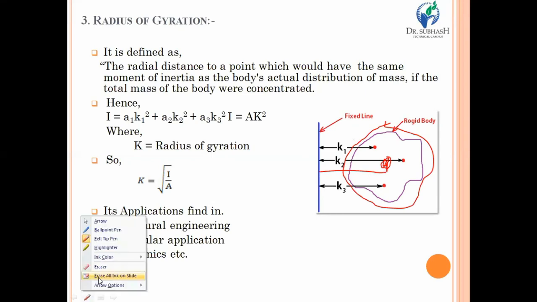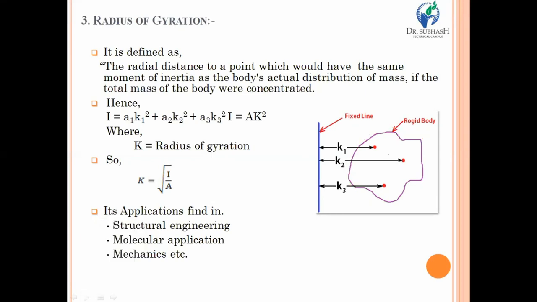Secondly, you sectionize this entire body into section 1, section 2 and section 3, and individually calculate the moment of inertia of each section: I1, I2 and I3.